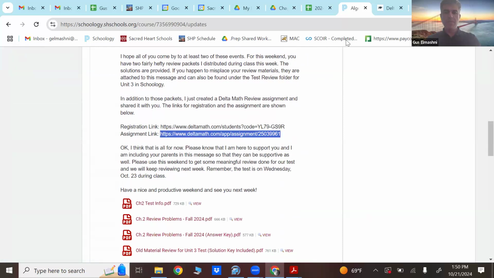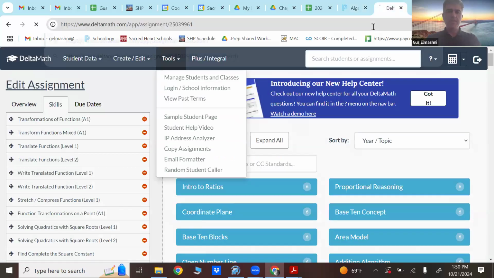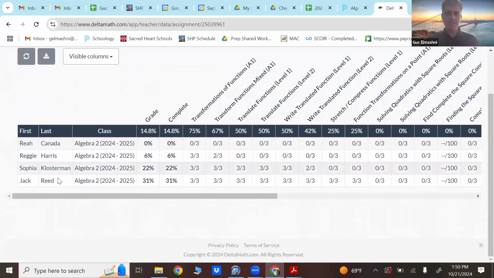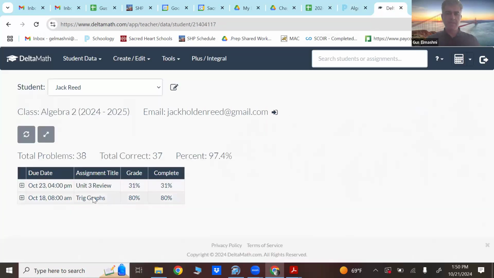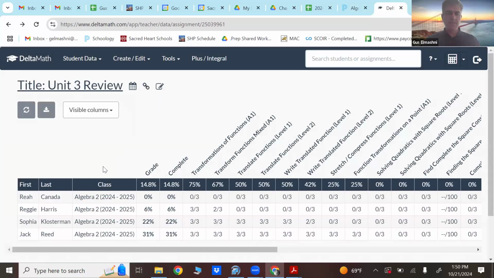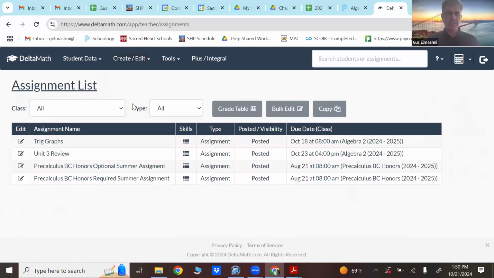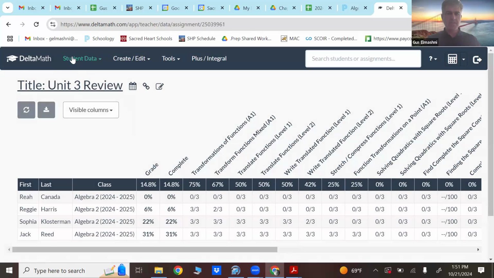It broke on my computer, but I have my calculator. Oh, good. Wait, why can I not? Okay, edit assignments.